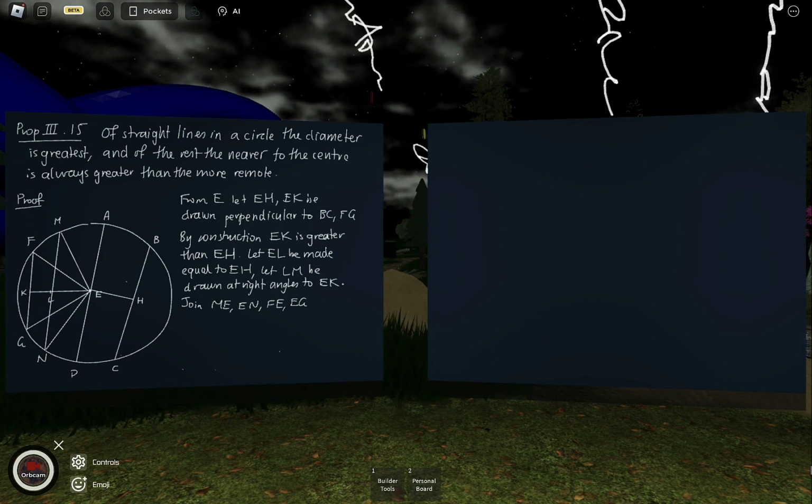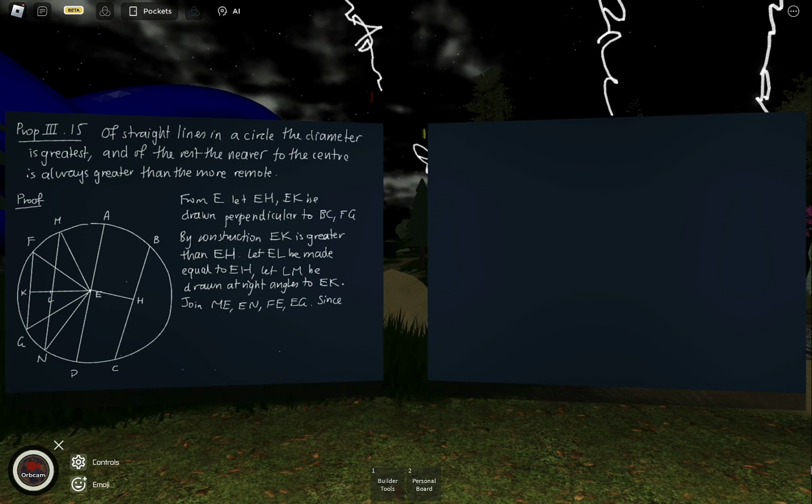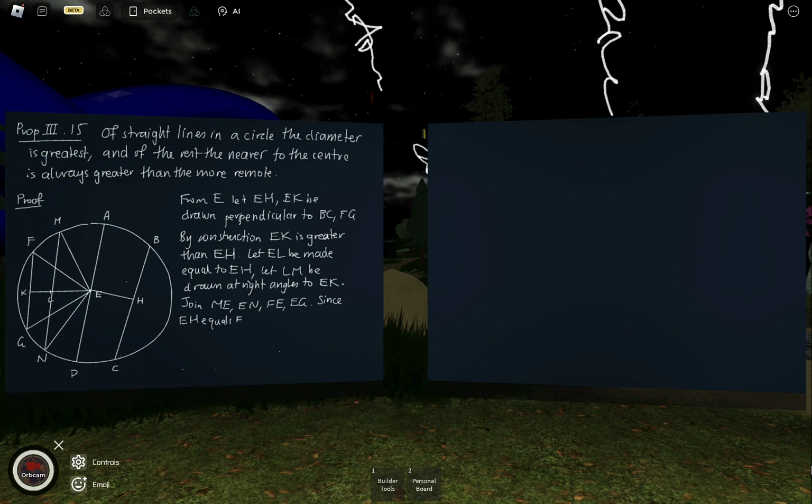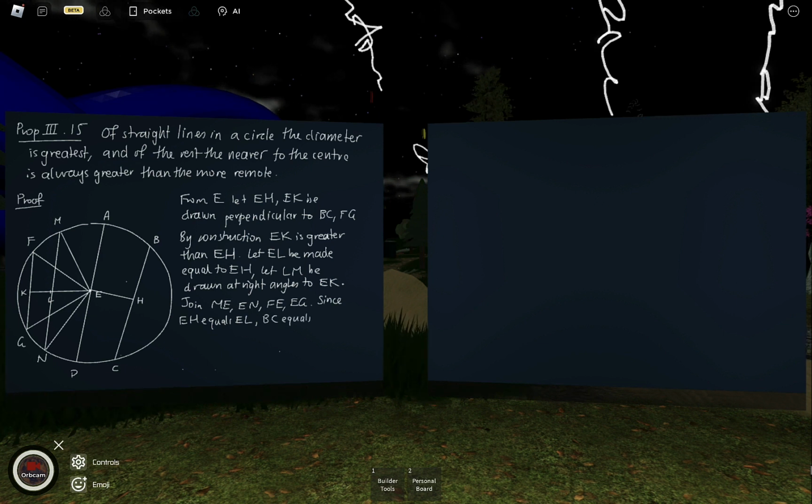All right. Since EH is equal to EL, BC equals MN. Right, that's by what we just did. So that's this length and that length.